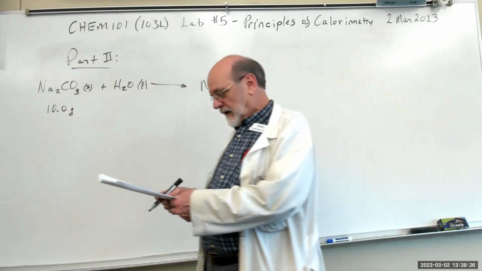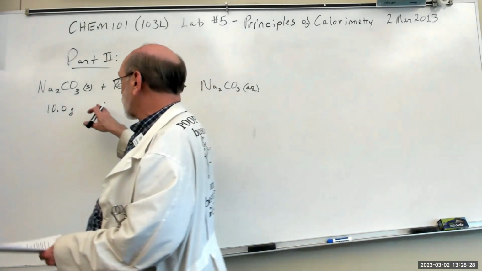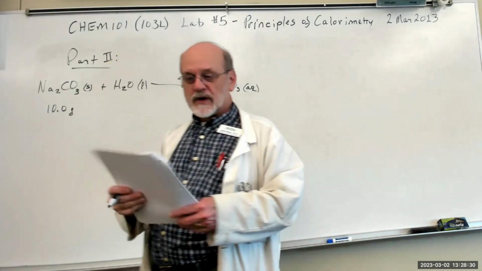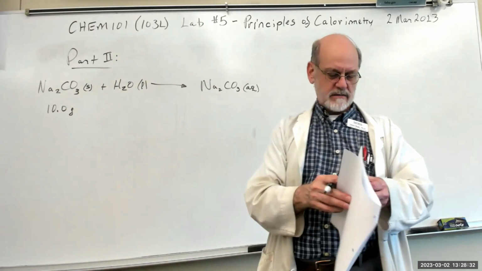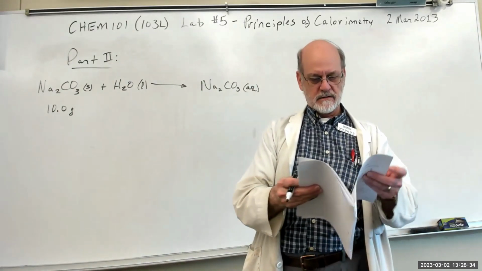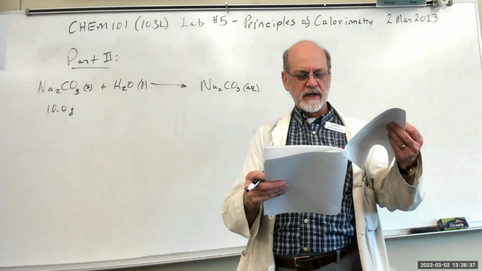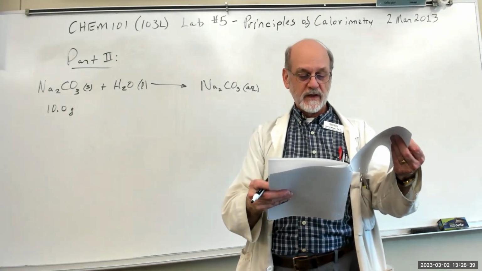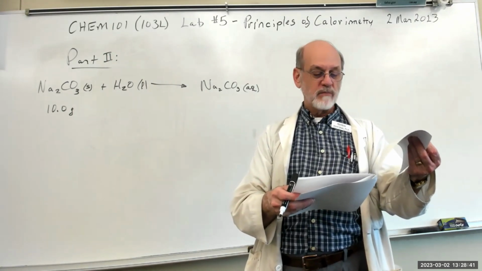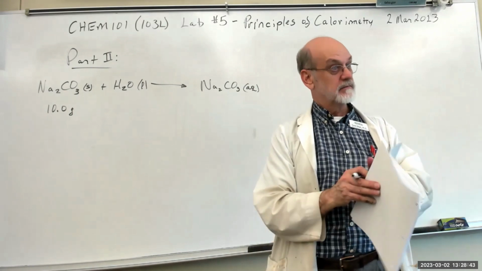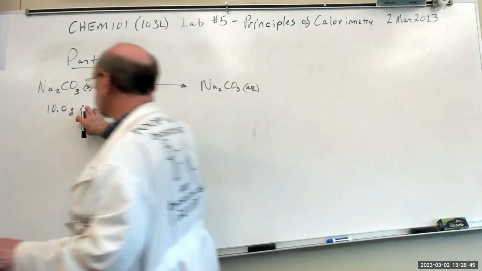Okay. Once you have the exact number, then you can convert it to moles. Because this table at the back, let's see, here it is. Sodium carbonate, second one down, is kilojoules per mole of sodium carbonate. So you need to convert this to moles.